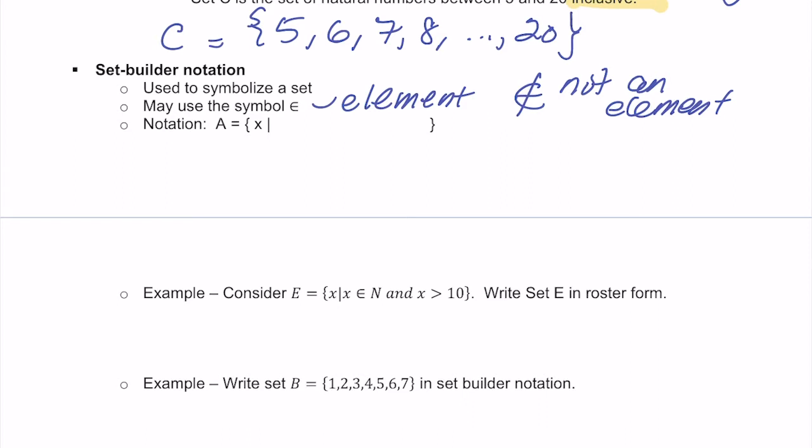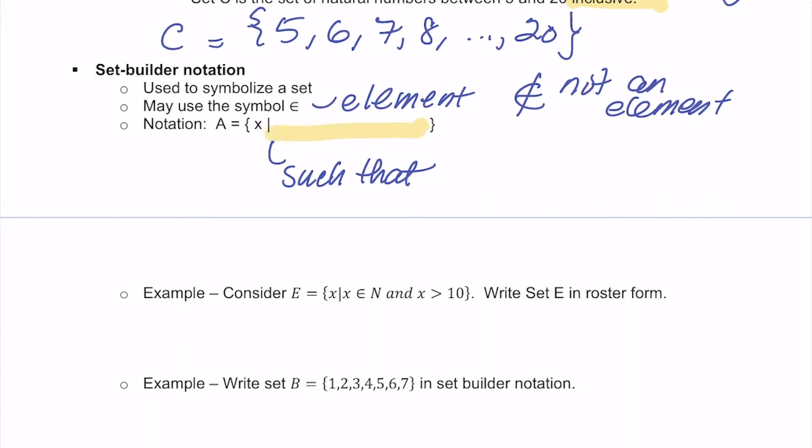And the notation we use would be here in this case, this is capital A, so it's saying this set A is the set of all elements of X. And then this vertical bar here means such that the conditions X must be met in the set. So these conditions would go in here.